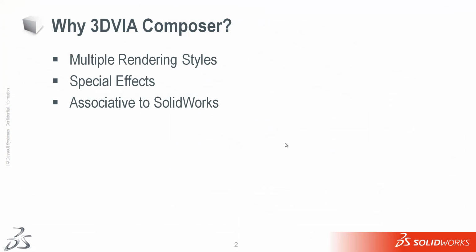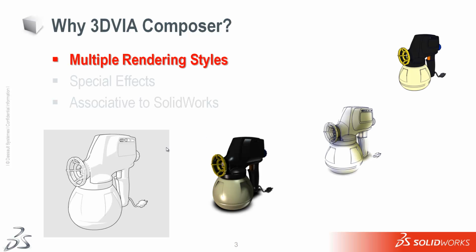So to summarize, why 3D via Composer is advantageous to just using SOLIDWORKS: number one, multiple rendering styles. The fact is that even though SOLIDWORKS can create some great output, there are just certain rendering styles that lend themselves to technical illustrations that we just can't create in SOLIDWORKS.